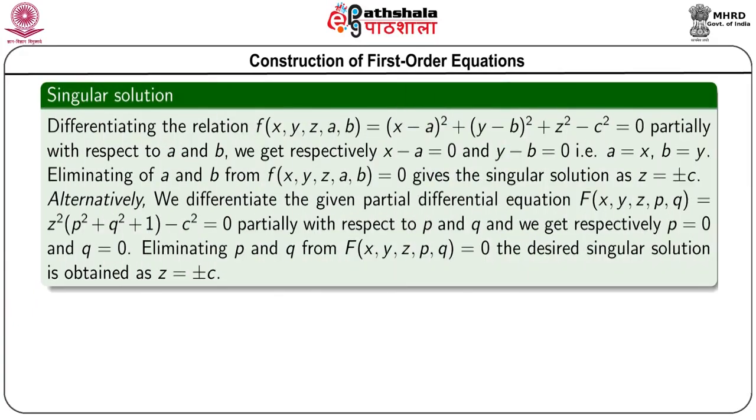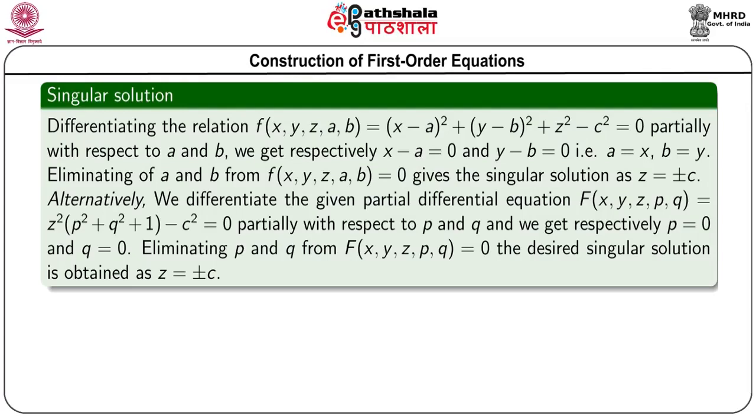So, the given relation is (x minus a) whole square plus (y minus b) whole square plus z square minus c square equals 0. So, if we differentiate it partially with respect to a and b, we will get the relations x minus a equals 0 and y minus b equals 0, or a equals x, b equals y.